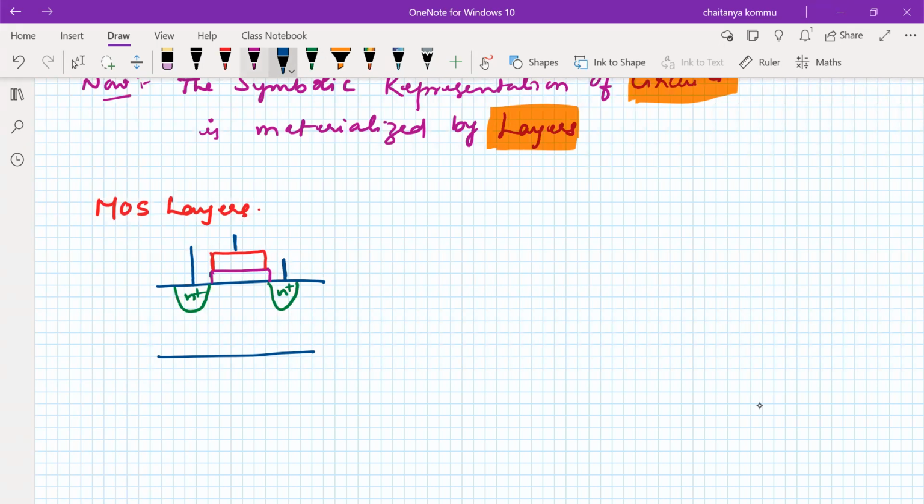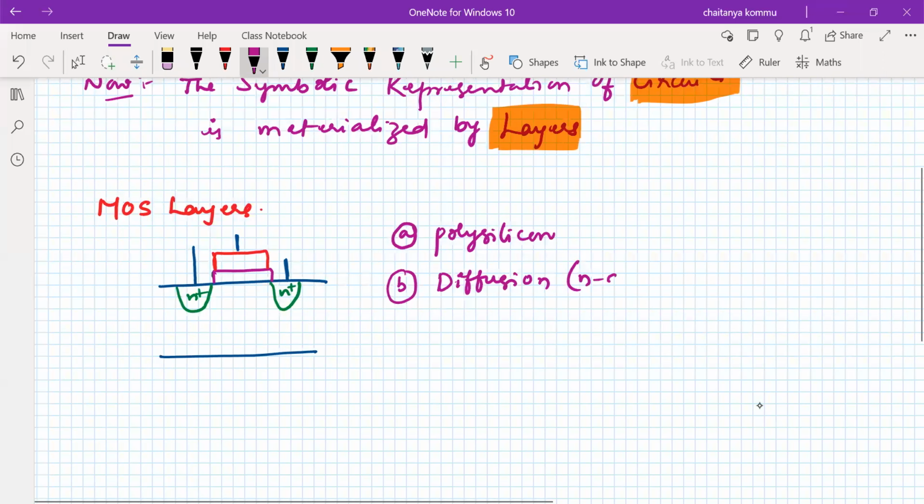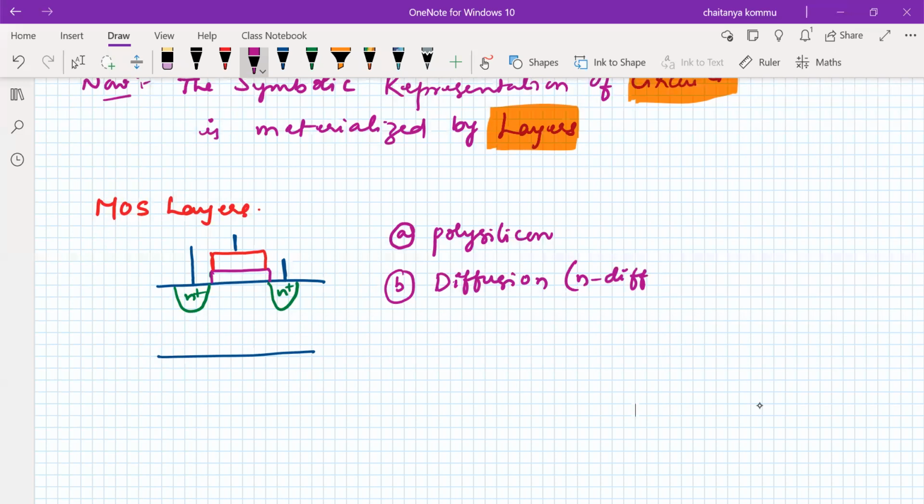The answer to this question is, number one, polysilicon. Polysilicon is one essential material or essential layer for a MOSFET. The second one is diffusion. The diffusion can be N diffusion or P diffusion, whatever it may be.